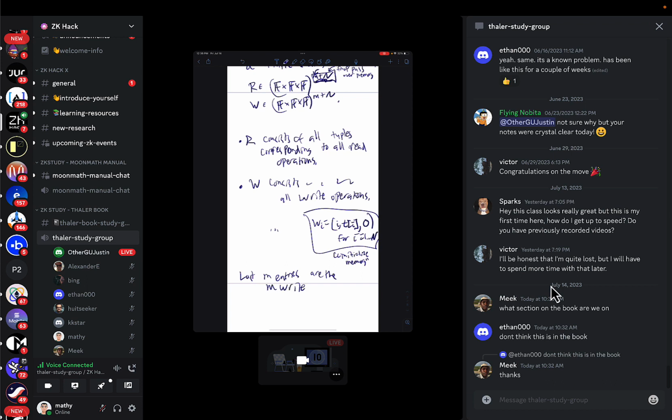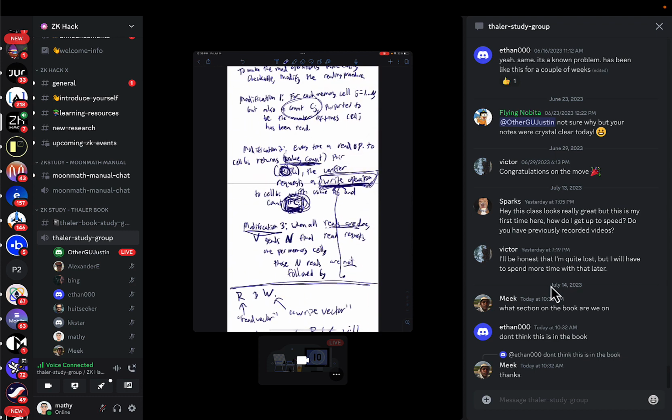Remember, modification 2 says that after each read operation, the verifier writes to memory whatever value the prover returned for the read operation, and the count gets incremented by 1. Whatever count the prover returned on the read operation gets incremented by 1 and then written.